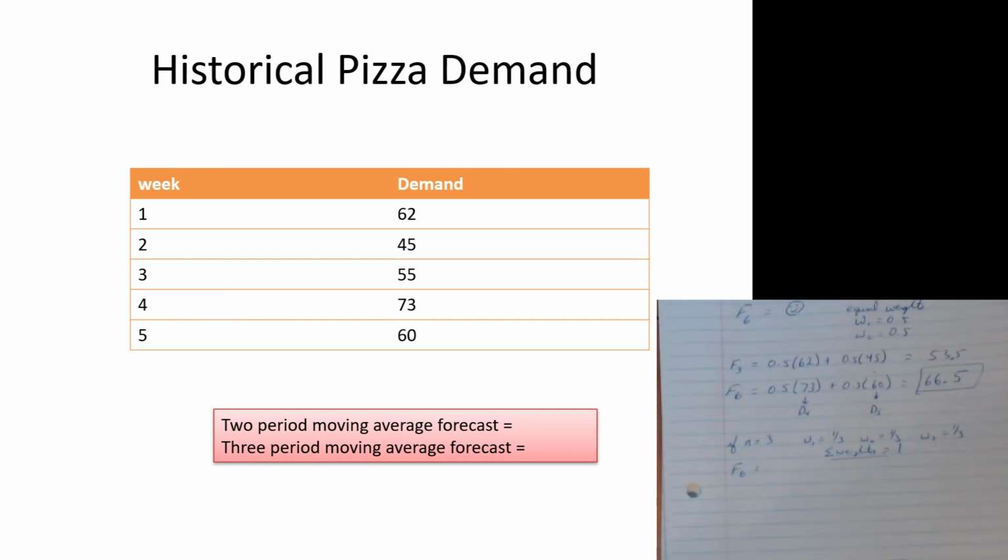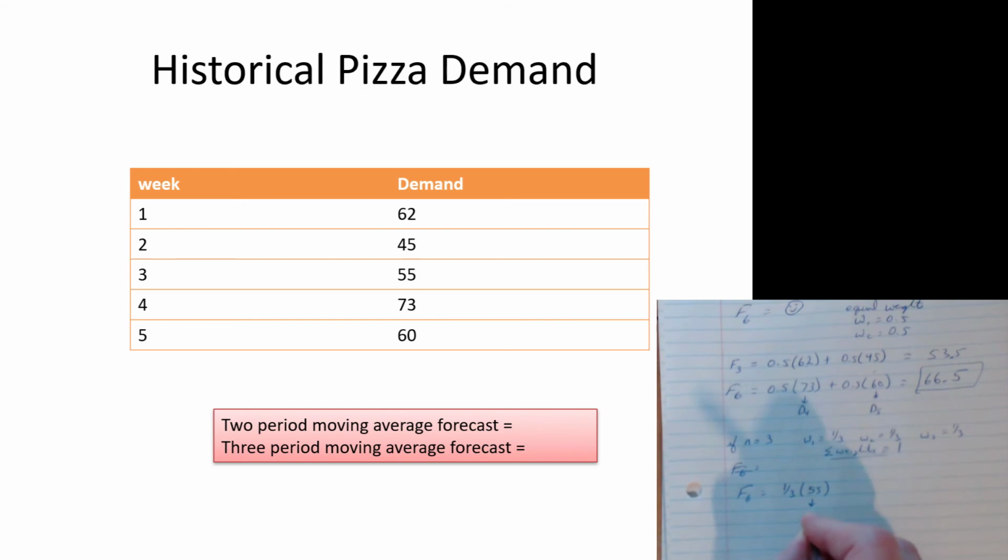So if they're all equally weighted, we just basically take the number of periods and invert it, essentially. If you have 3 periods, that means 1 out of 3 goes into each one. So for period 6, now it becomes 1/3. And I keep with the convention of looking at the period that happens first, which is the demand for period 3, which is 55.